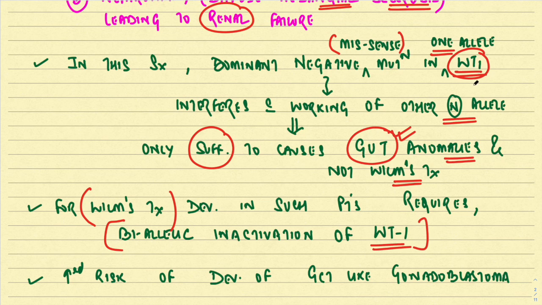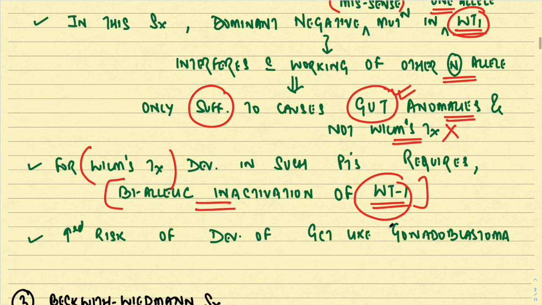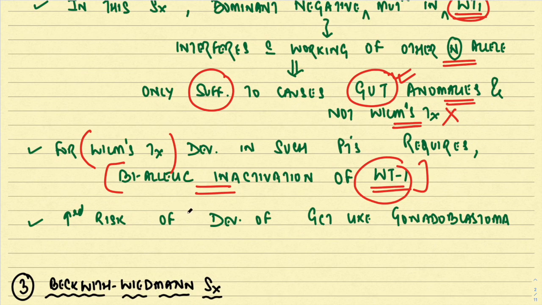This is going to interfere with the functioning of the normal allele as well, but this only causes the genitourinary anomalies of Denys-Drash syndrome, and it is not going to cause the Wilms tumor. For development of Wilms tumor, biallelic inactivation of WT1 is required. These patients are also at an increased risk of development of one kind of germ cell tumor called gonadoblastoma.